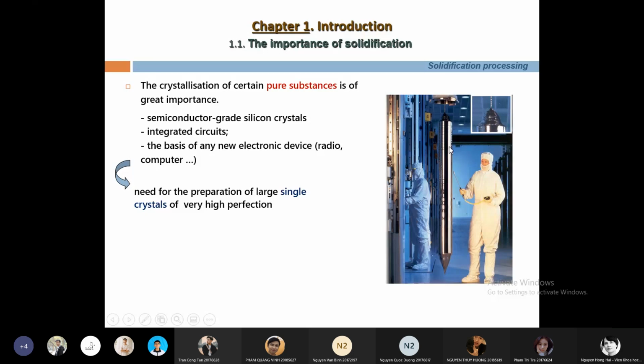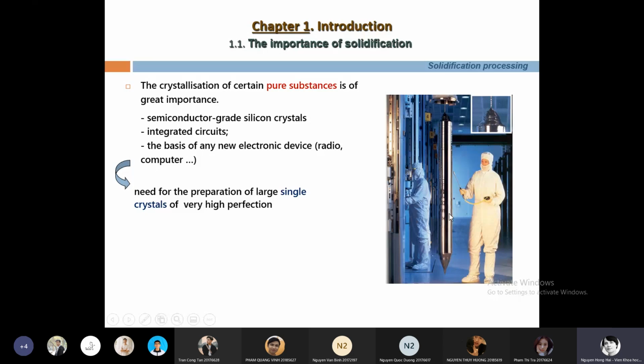What is this? This is a single silicon crystal. Silicon crystal. And we need it for maybe solar batteries and other applications.